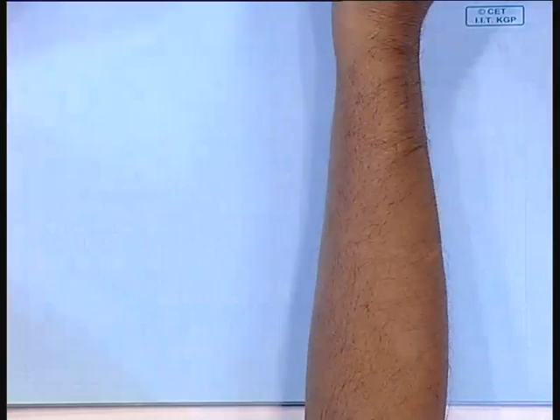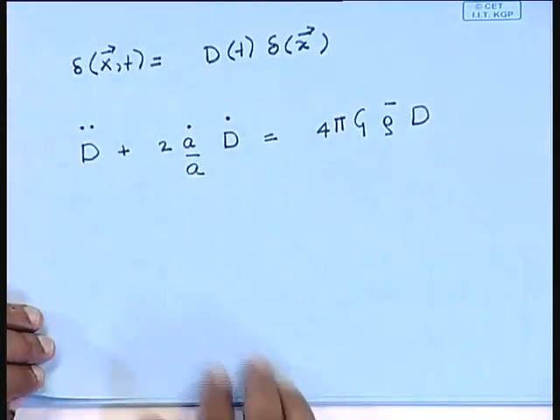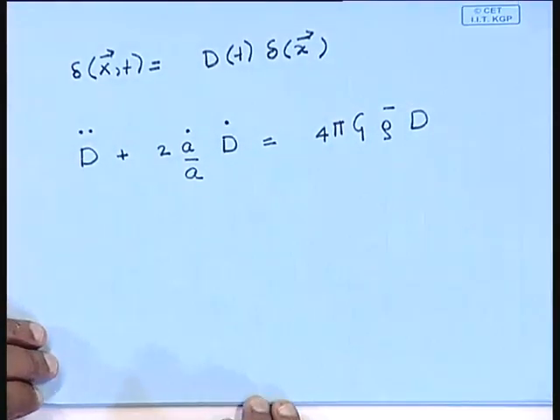Now the next thing that we would like to do is work out the general relation. We have worked out how in a particular cosmological model the perturbations grow. Now we would like to obtain solutions for the growth of perturbations in any arbitrary cosmological model.